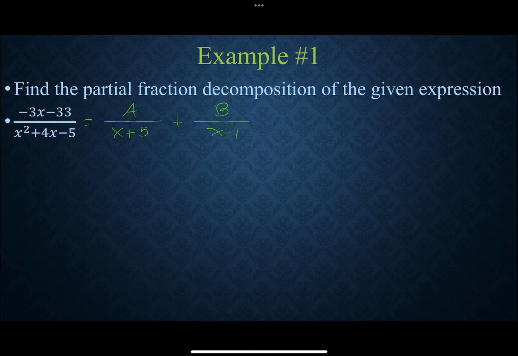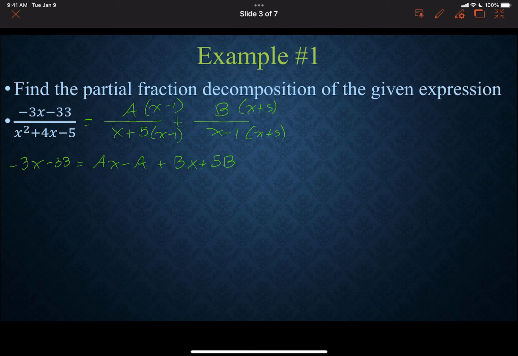So the way we go about solving now is we multiply both of these fractions by the opposite denominator. And that creates equal denominators. So now it's all about making the numerators the same. We'd be saying negative 3x minus 33 equals ax minus a when we distribute, plus bx plus 5b.